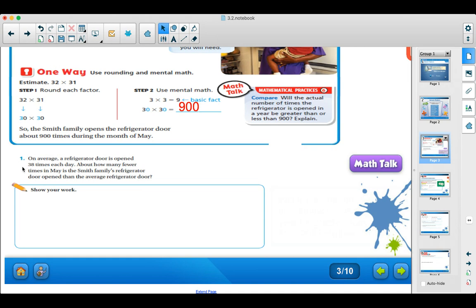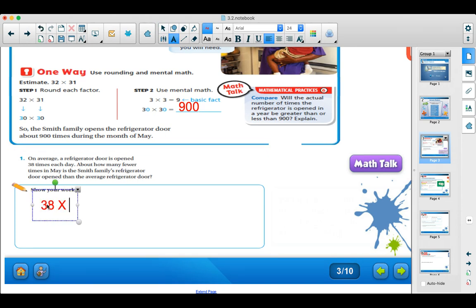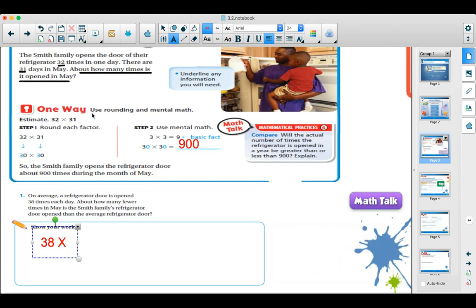On average, a refrigerator door is opened 38 times each day. About how many fewer times in May is the Smith family's refrigerator door open than the average refrigerator door? Okay, so we know the average refrigerator door is opened 38 times. How many days are in May? Let's look up again. 31 days in May.